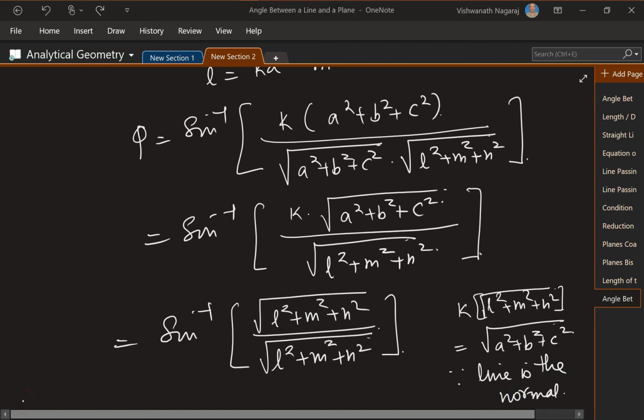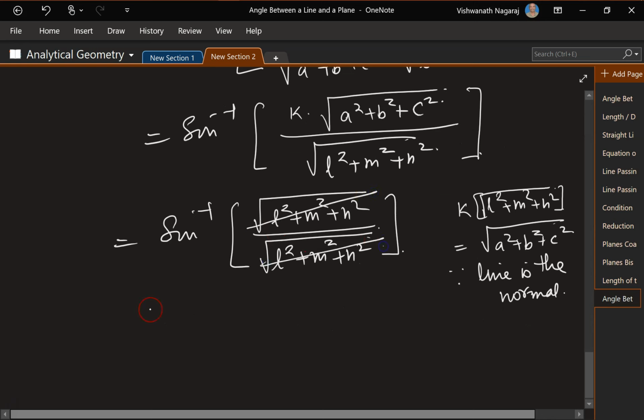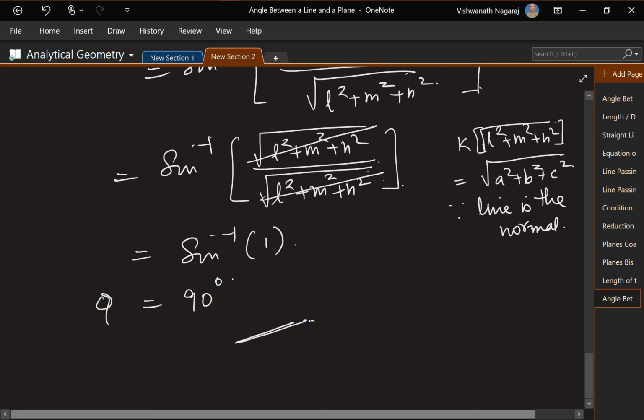Since the line is the normal, but the magnitude may differ, so it's going to be a multiple, right? So that's why this would be equal to a square plus b square plus c square, and these two get cancelled, so we are left with sine inverse of 1. So phi is equal to 90 degrees. So that is the angle between a line and a plane. That's it. Bye for now.